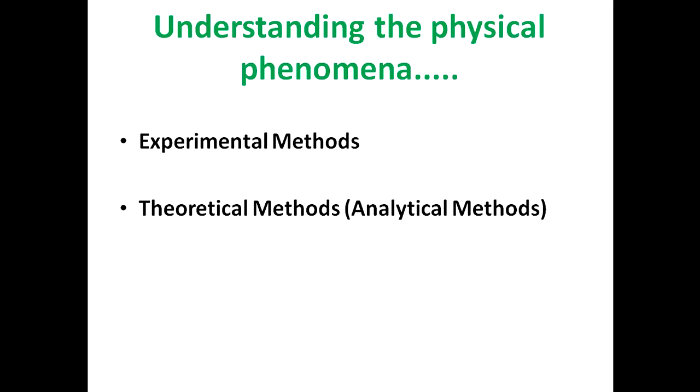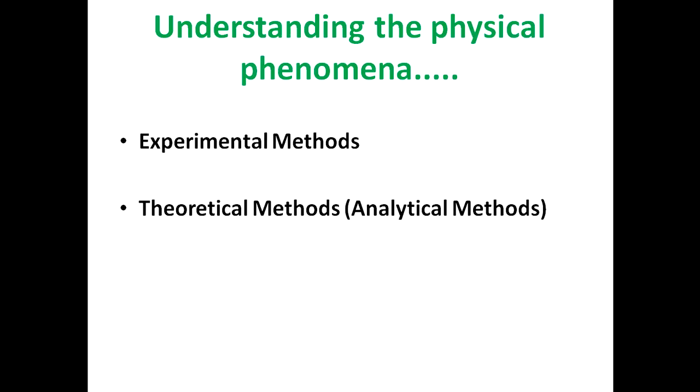The next method is the theoretical method. It is also called the analytical method. Without doing any experiment, we can also find the variation of parameters and the relationship between those governing parameters. We can end up with the final conclusion and result without even touching any experimental setup.